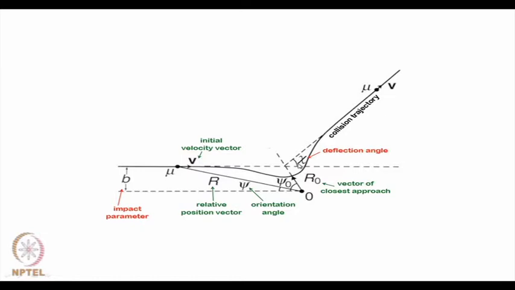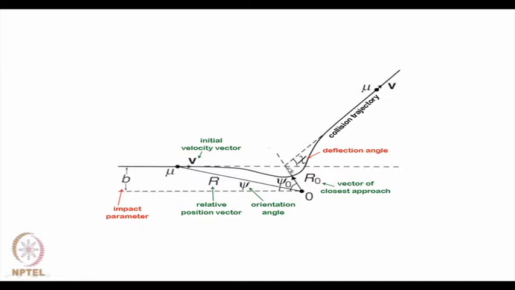Now in this case, if there is no attractive potential, if no potential is acting between the interacting particles, then it should have followed this dashed line.